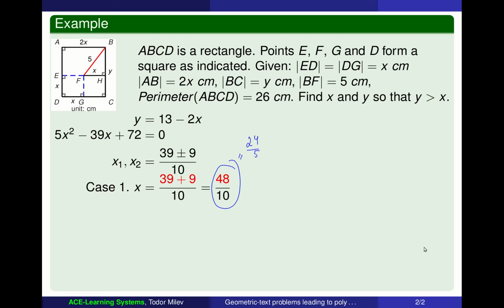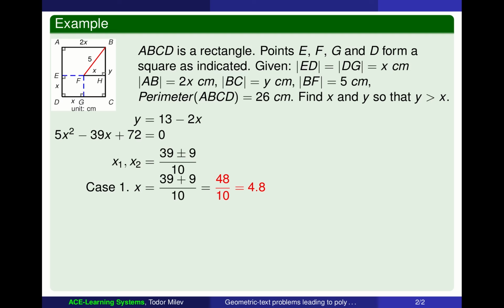But in this particular case, I'm going to deviate from my usual custom, and I'm going to use decimal point. So that's just 4.8. Now, of course, you could compute with rational numbers as well. You don't need to go to the decimal notation, but this time let's use decimals.